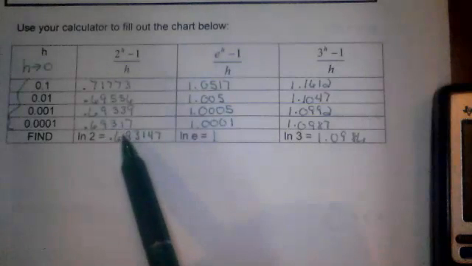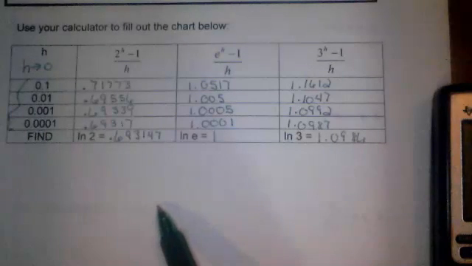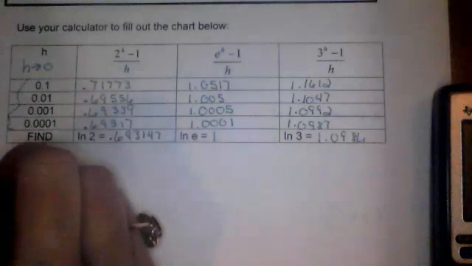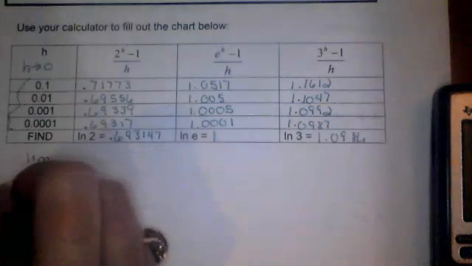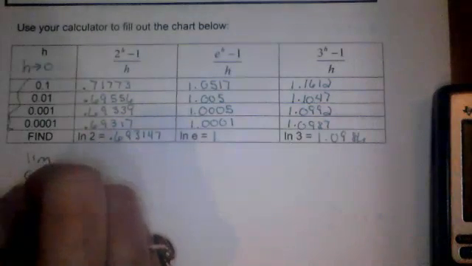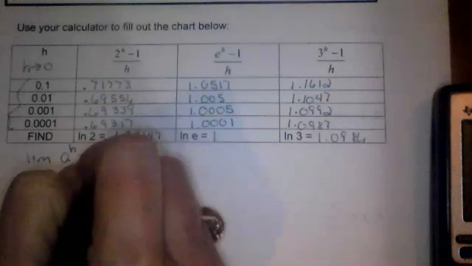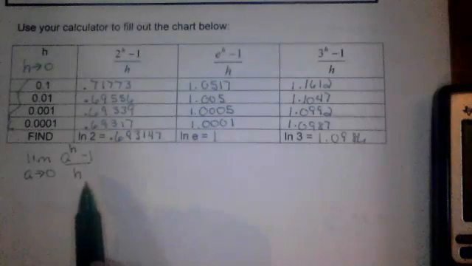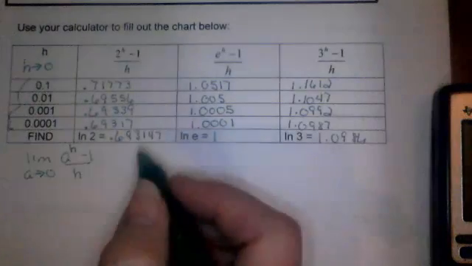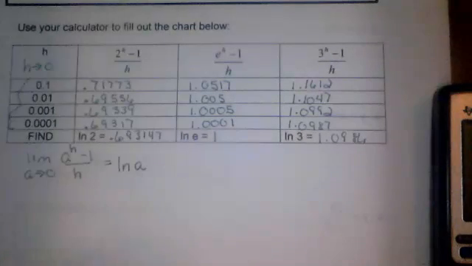So this becomes close to this, here 1, here 1.0987. So what we're seeing is that the limit, as whatever this number here is, I'm going to call it a, the limit as h approaches 0 of a to the h minus 1 over h, so it's just this formula. We see that as we get close to 0, that limit is getting close to whatever the natural log of that number is.